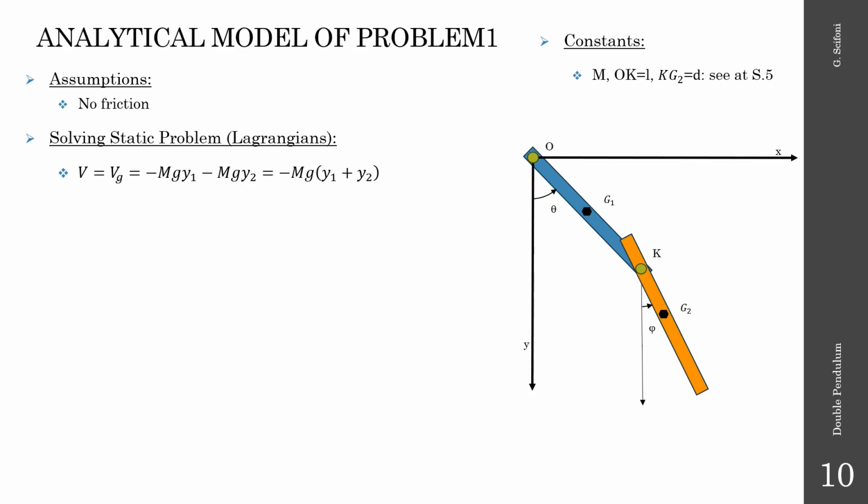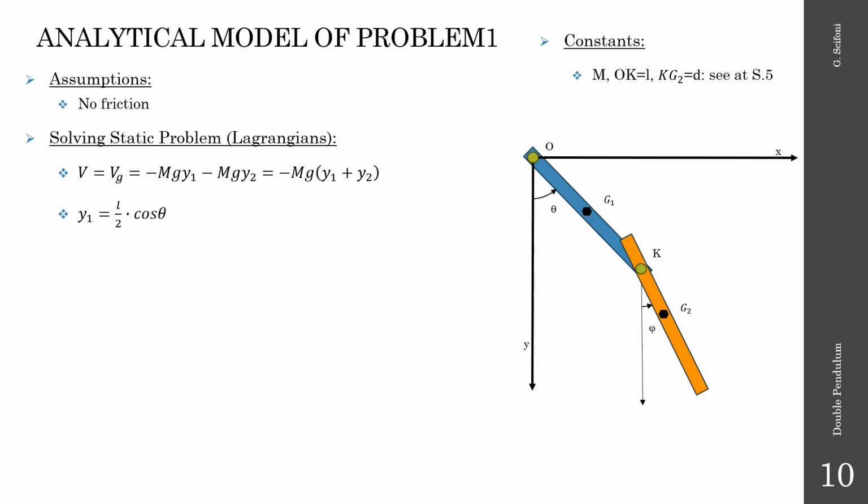The formal expression is always the same, negative capital M G Y, once for bar 1 and once for bar 2. We remember that y1 and y2 are the vertical coordinates of the center of mass of the bars. Now we need to express y for the first bar as function of the angles theta and phi.